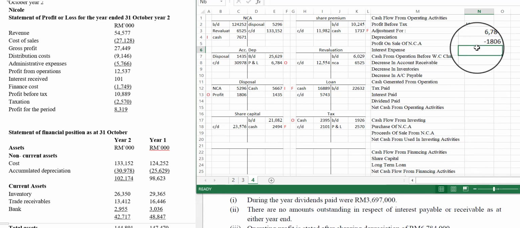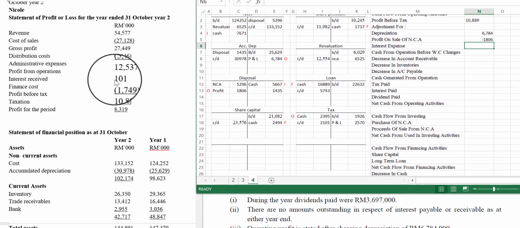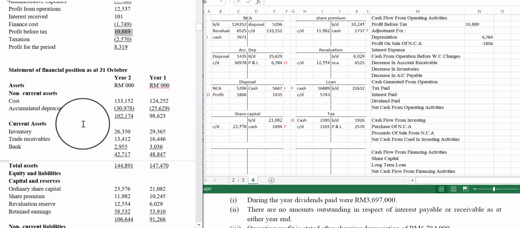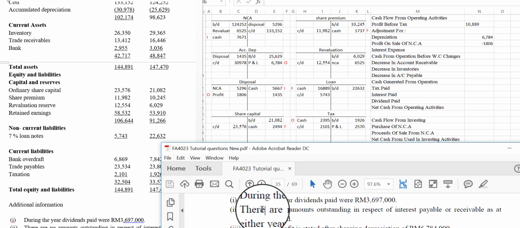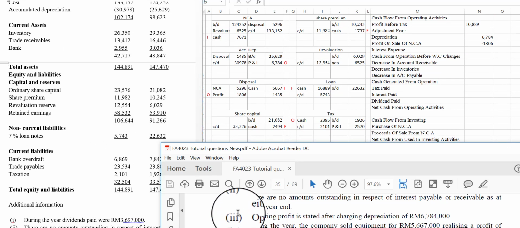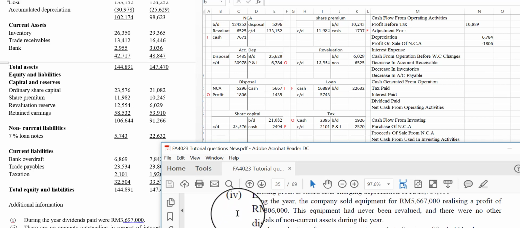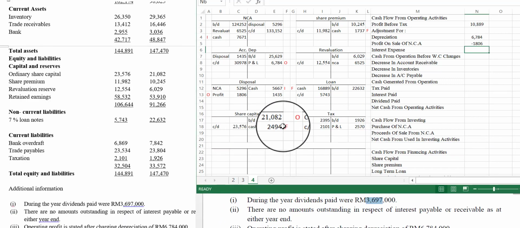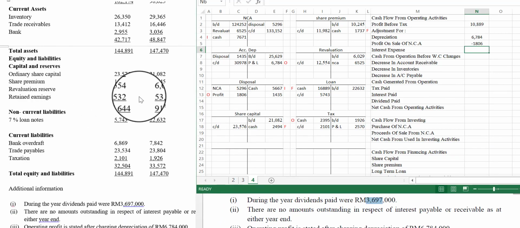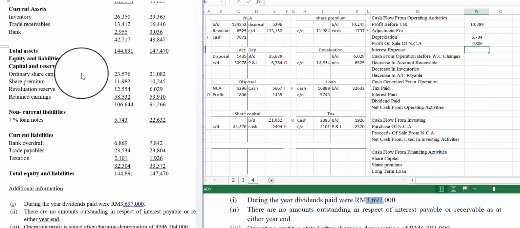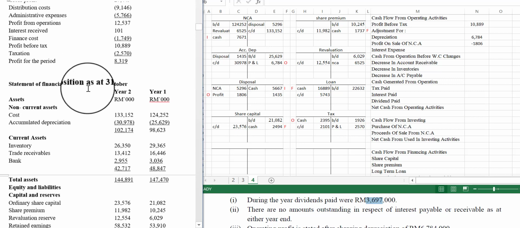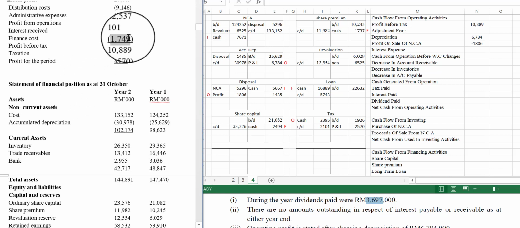So now the third one will be the interest expenses. Now here, interest expenses, if we look at the loan amount. Now we tell you that during this year, the loan amount. So if you look at this, the interest amount you should be able to find from your financial positions here.